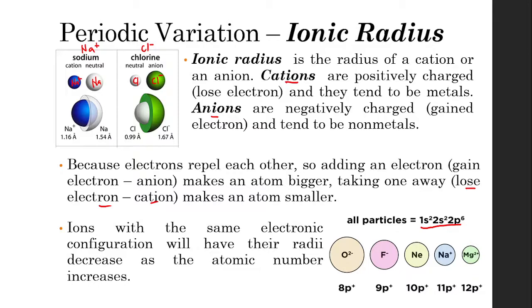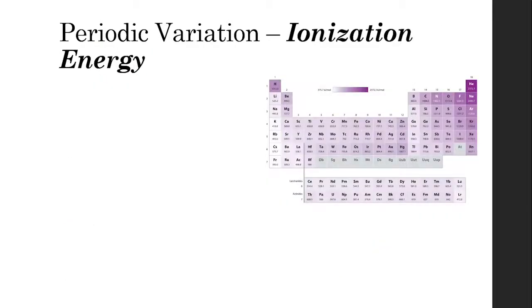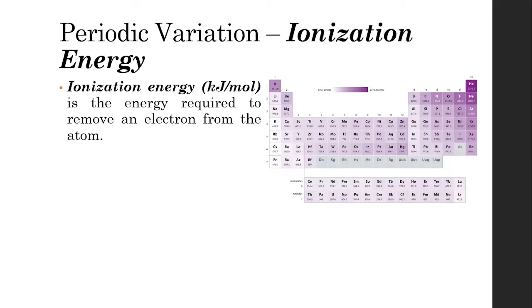Next, let's talk about another pattern called the ionization energy. Ionization energy is basically the energy, in terms of kilojoules per mole, that is required for an atom to remove its electron or donate its electron. How much energy do I need in order for an atom to donate its electron? And the trend for that, if you look here, is like this.